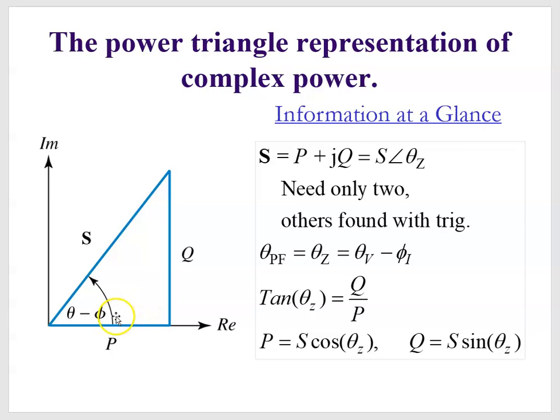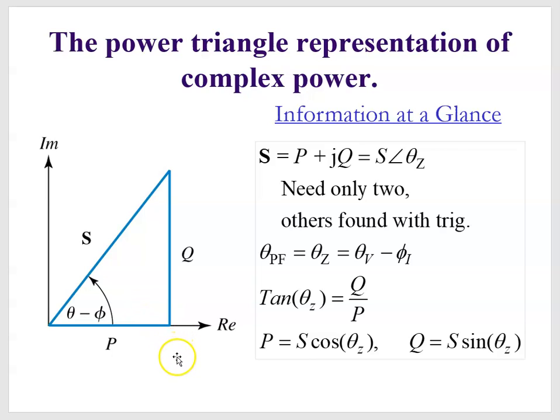If we take the tangent of theta z, this angle here, the tangent is Q over P. When we're looking at just impedances, the tangent of theta z is our reactance X divided by our resistance R. So we've already looked at this triangle in terms of an impedance triangle.